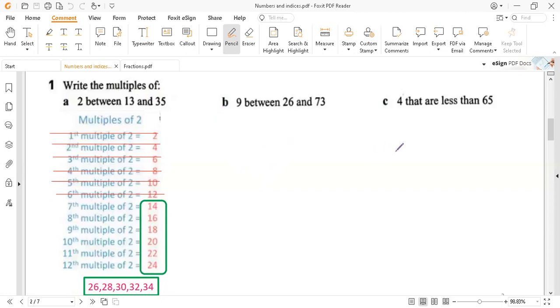For example, in part C, we want only the multiples of 4 that are less than 65. Here we have a restriction only on the upper bound, so we cannot exceed 65.